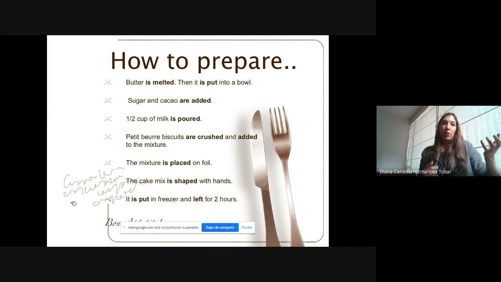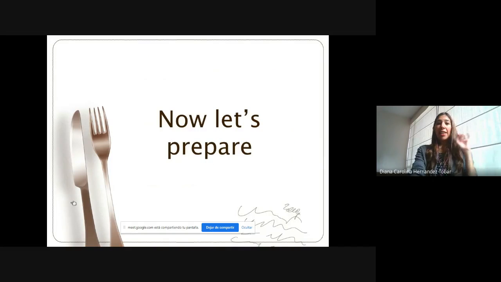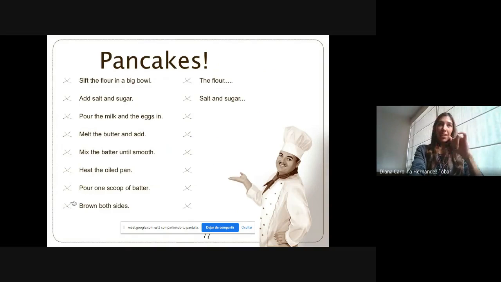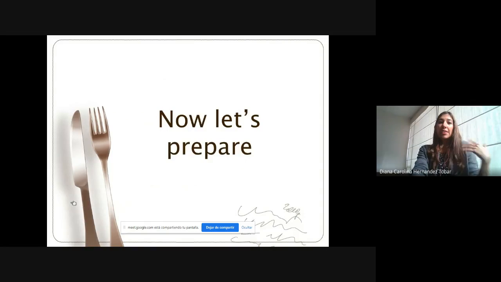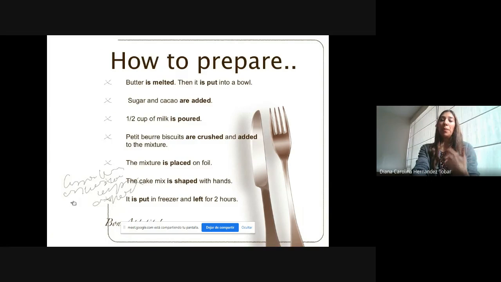So this is an example that I am going to give you so that you can do your recipe. Or if you already have the recipe, you need to present the ingredients first. And the idea is that you are going to make a video. You record yourself.